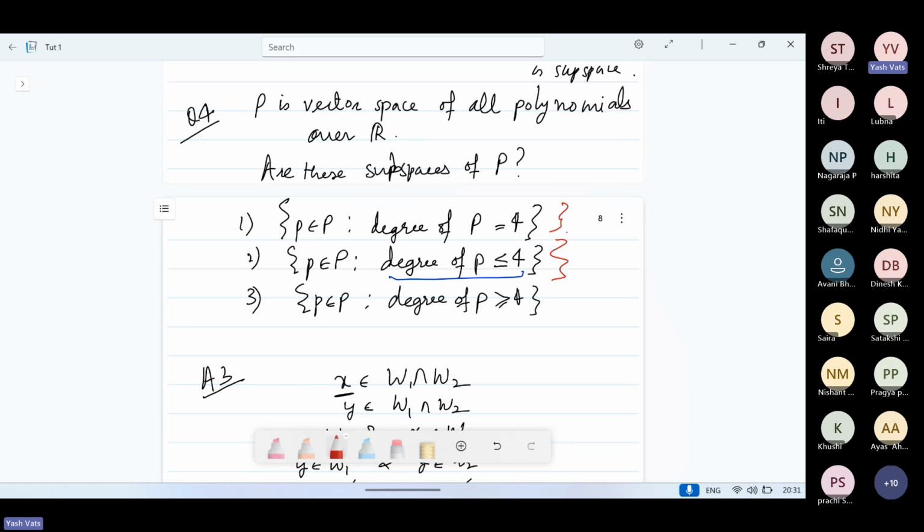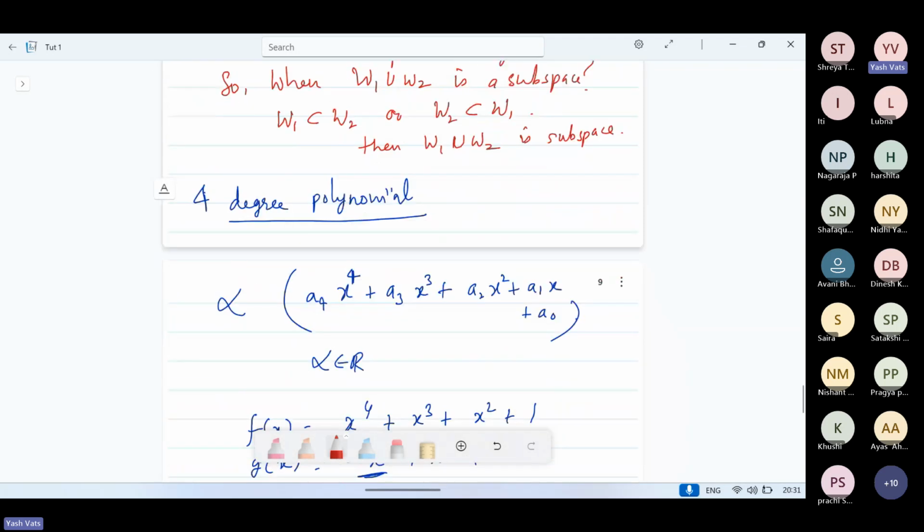In that case, it may not be a subspace, right? Because if you have two polynomials of degree greater than or equal to 4 and you sum them together, like the previous example, then you may end up getting a polynomial of degree less than 4, which is not in the set. So the answer is in your hand. Hope you understand it.